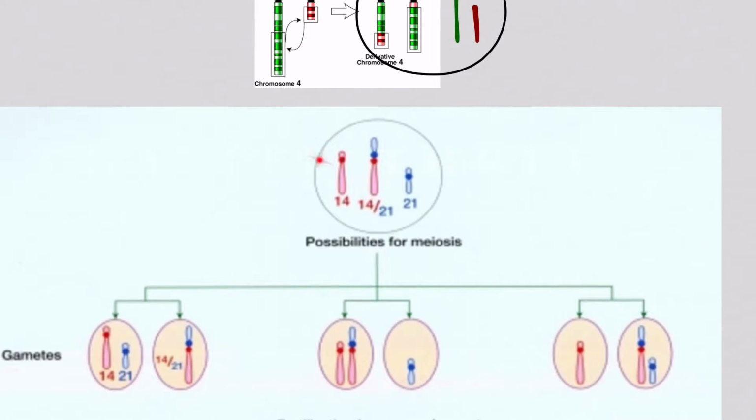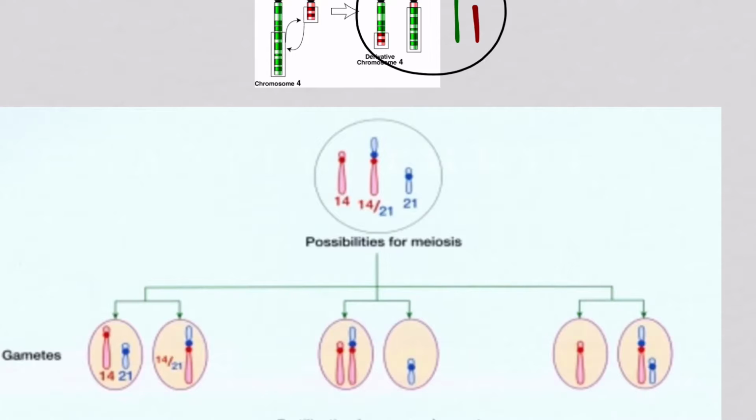Well, if this segregates with this, so these two are pulled over to the same side, we'll create this gamete and then this funky translocated gamete. If these two are both pulled to the same side, then we'll get this gamete and then 21, this gamete. And if these two are pulled to the same side and this one's alone, we get a gamete with just chromosome 14 and chromosome 21.